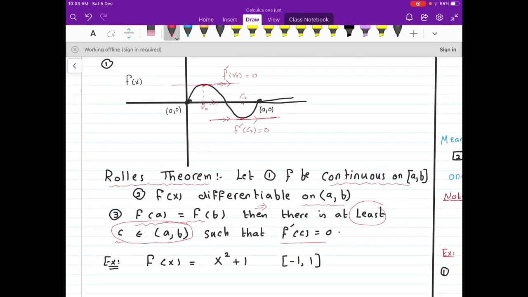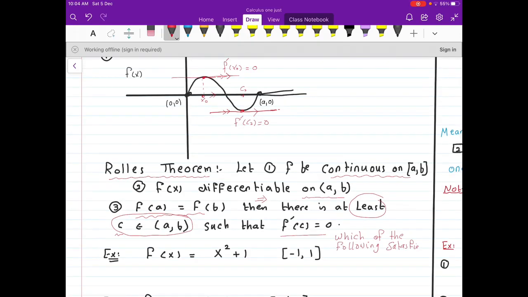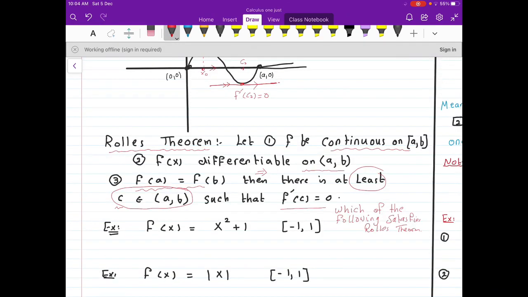Now, for example, which of the following functions satisfies Rolle's theorem? Now, أول function f x equal x square plus 1. حتى يحقق Rolle's theorem you have 3 conditions.